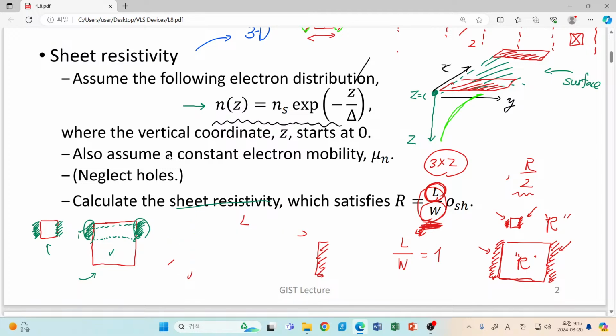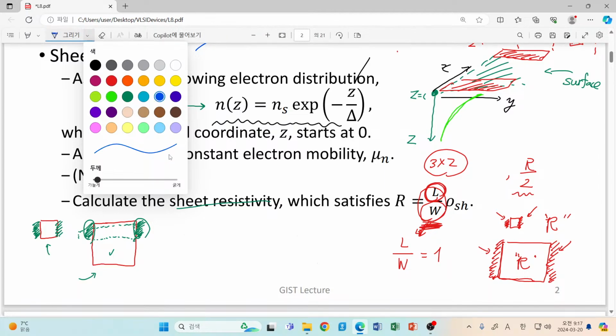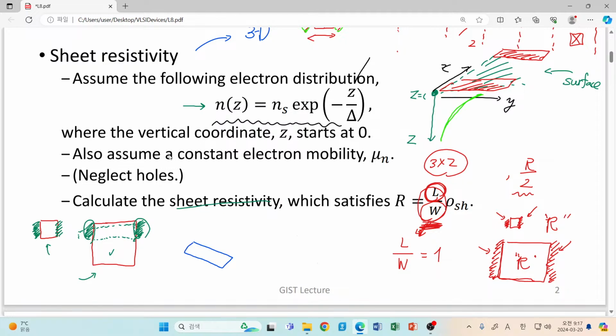Let me just draw a three-dimensional picture once again for your clear understanding. Now let's say that here you have a contact, and of course here you may have a contact.